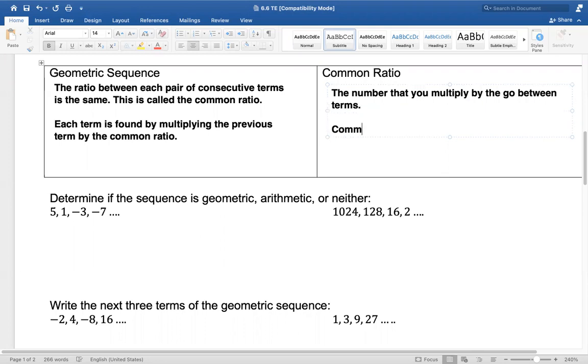And the keyword here is common, so that number is going to be the same.